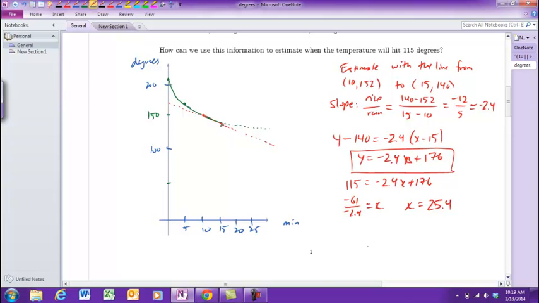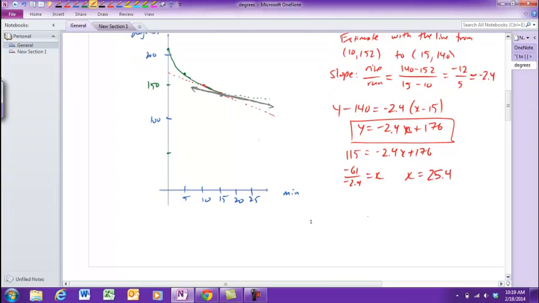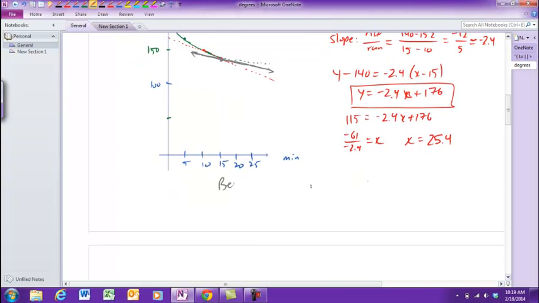So here was my last data point. If I actually draw the tangent line at that last data point, you can see that this gray line is actually much closer to the green line that we expect than it is to that red line. So I'll just say better estimate by using the tangent line.